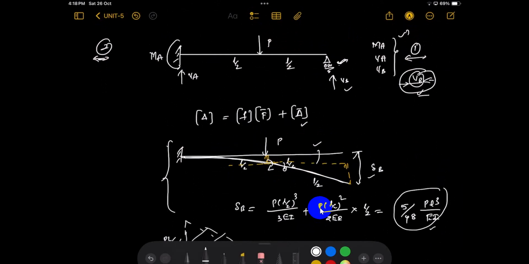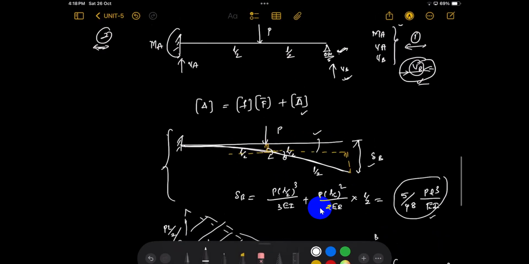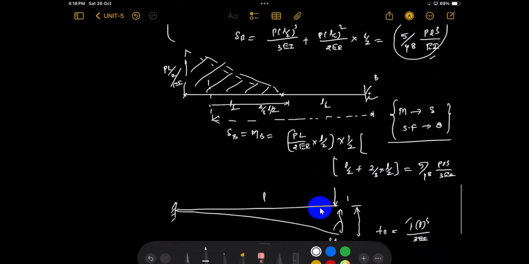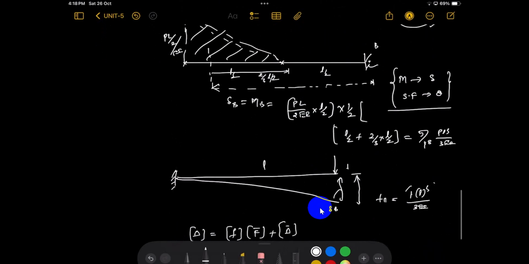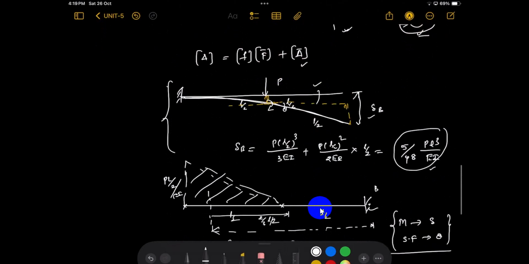In the direction of VB, per unit force, if VB is just 1, you will get this much amount of displacement. How much VB is generated such that the final displacement is exactly equal to 0?